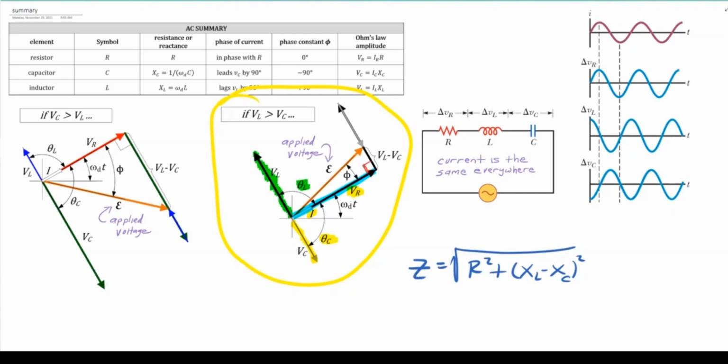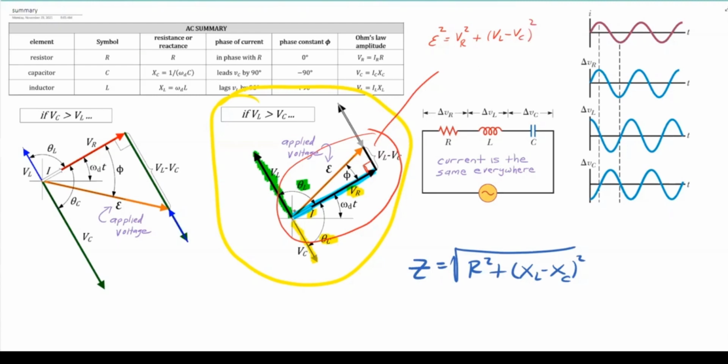If I do the Pythagorean theorem on this triangle, I'm going to get E squared equals VR squared plus (VL minus VC) squared.